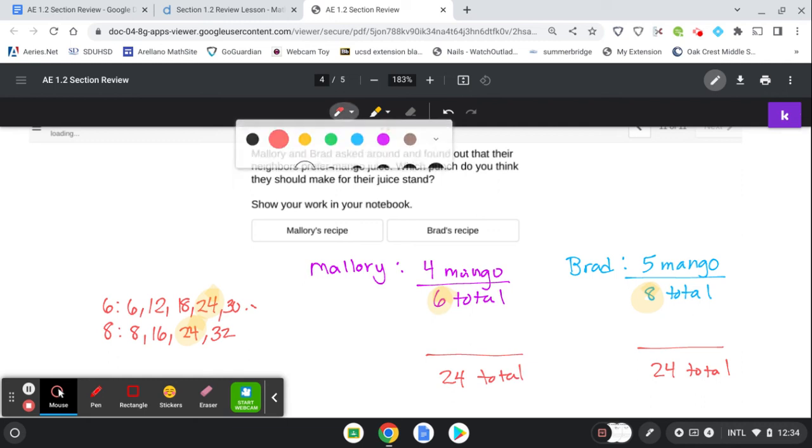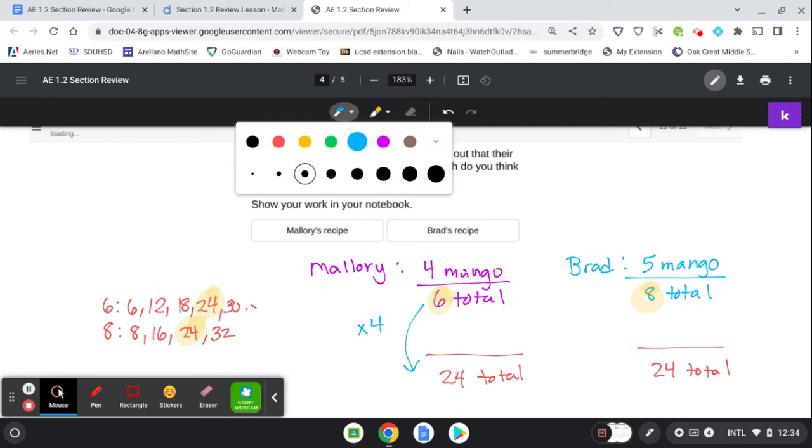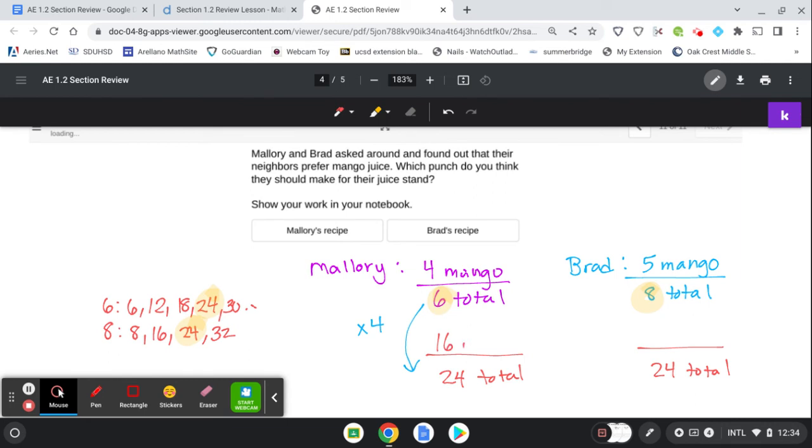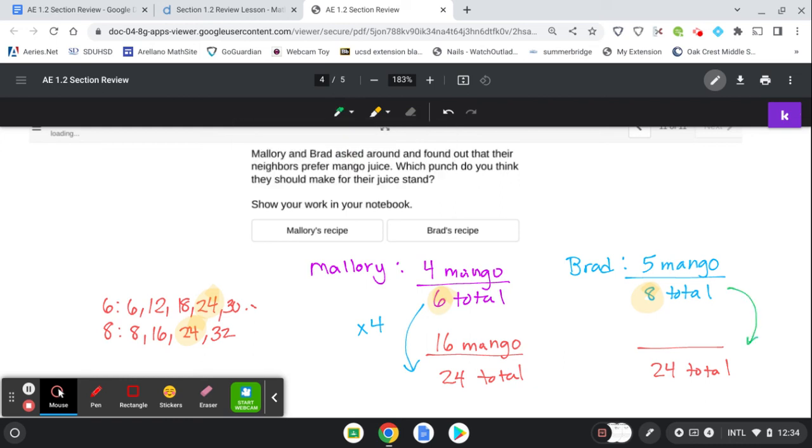So what do you multiply 6 by to get 24? Well, 6 times 4 is 24. So multiply 4 times 4 and you would get 16. Then for Brad's recipe, to scale it up to 24, what do you multiply 8 by to get 24? That would be 3. 8 times 3 is 24, so 5 times 3 would be 15.